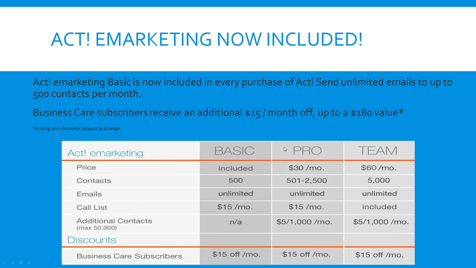So the ACT e-marketing has basically a free version that gives you 500 contacts you can send emails to, and then there are paid versions at $30 and $60 a month, giving you different levels of exposure, and you can pay more for additional emails if you want to. I usually tell people, in terms of why should I use an e-marketing piece when I can just do a mail merge?